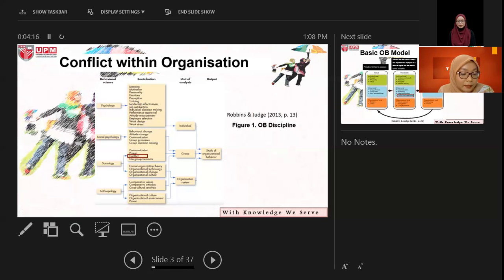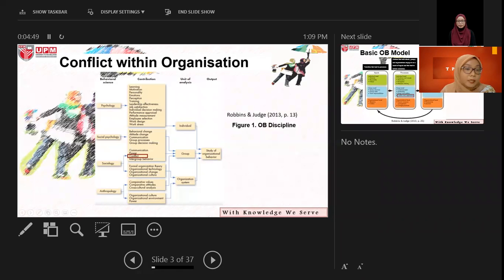They stated that for the OB discipline, the behavior that mostly appears within the organization, since all of us are preparing for the working environment, there are a few types of behavior commonly seen in organizations, which are psychology, social psychology, sociology, and anthropology.